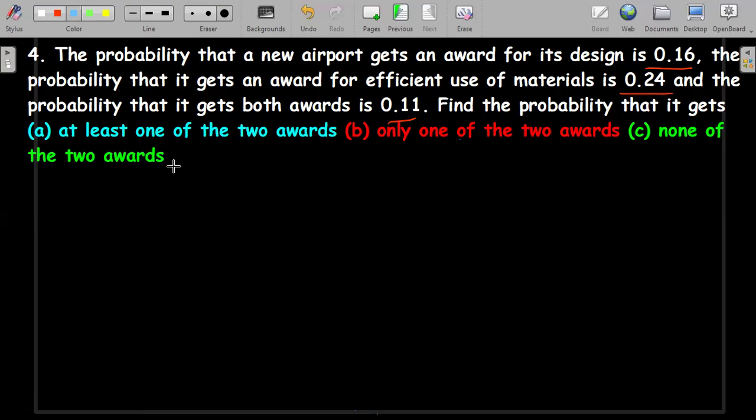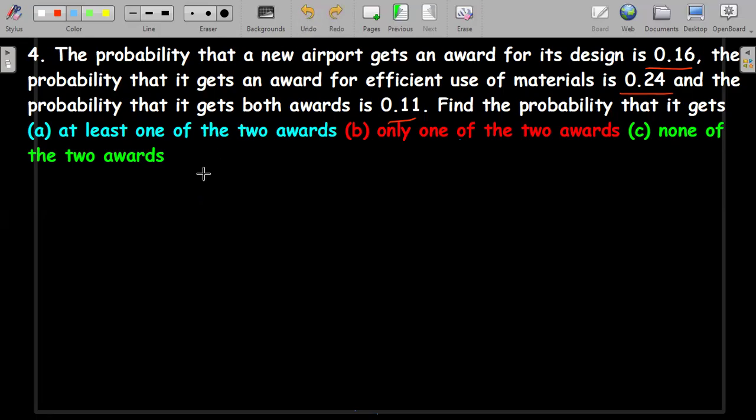That's what it means, at least one of the awards. So it can get the award for the design, or you can get the award for the efficiency. So that language there is just telling us to unionize these events, for the design and for the effective use of the materials.